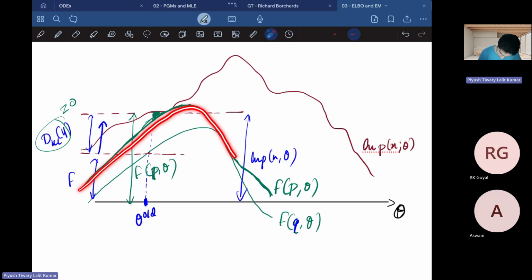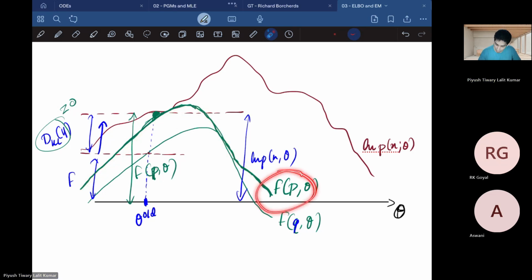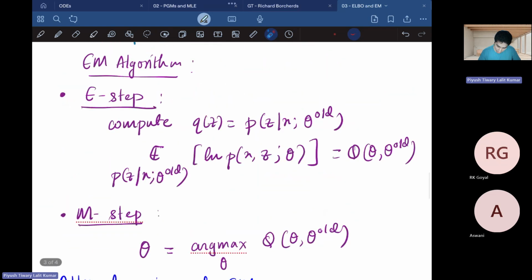Now you're saying that on this curve, obtain theta so that this value is maximized again. That is what the M step was doing.